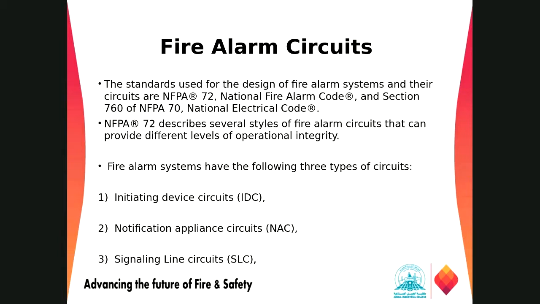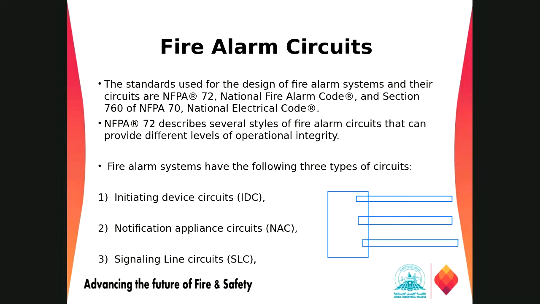We don't have any information regarding the exact location. They will just show you this is one loop, protecting the fifth floor, this one protects the third floor, and so on. And there may be 100 or so detectors, smoke detectors, heat detectors, and so on.